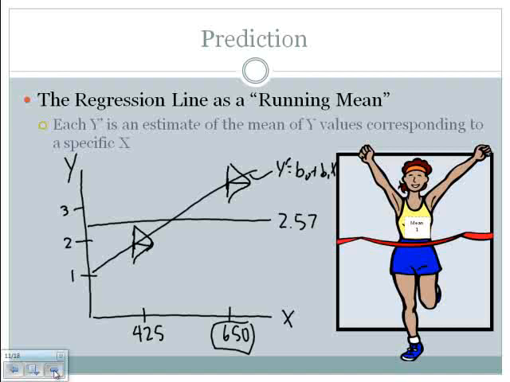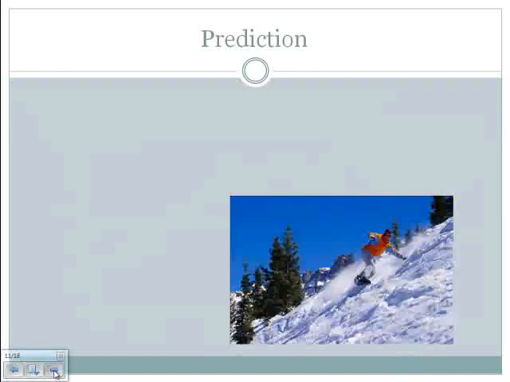So it's likely that we may have 2 or 3 people that come in and score 650. One of them may have a GPA out here, one of them may have a GPA up here, but that 3.1 is just the mean of the possible GPAs for anyone that scores 650 on the SAT. So from that perspective, our prediction line is considered something like a running mean.